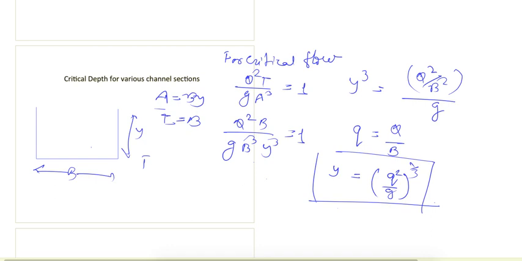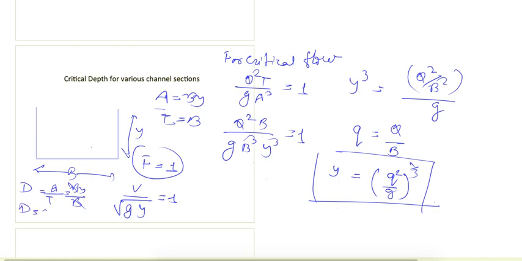And as we know, Froude number is equal to 1 for the critical condition, and Froude number in this case is equal to V upon under root g D, which is equal to 1, because D is equal to A by T, and for a rectangular channel D is equal to y, and from here V square upon g is equal to y.